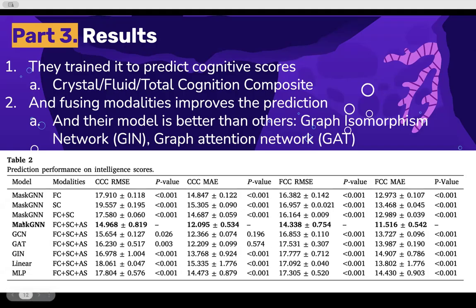So what they found is that fusing modalities together inside their model gives them a better score. So they're comparing prediction of some cognitive scores, 3 types of them: crystal, fluid, and total. They're somehow different, and you can either regress them or put some threshold and do classification. And so, yeah, they're showing that the regression is improving with more modalities.